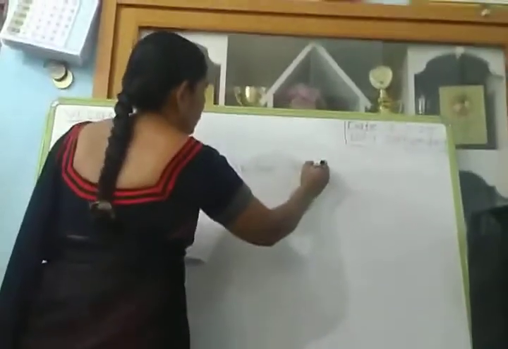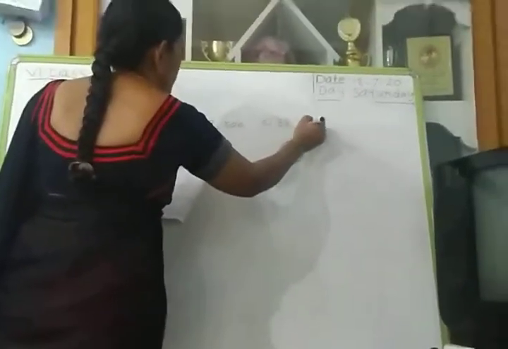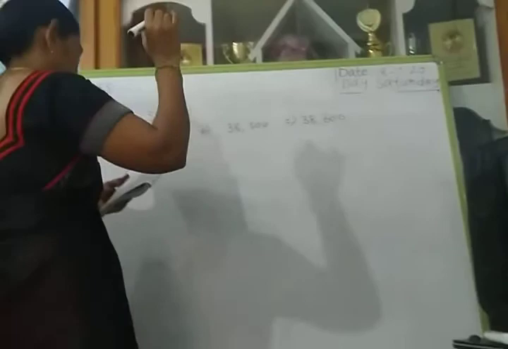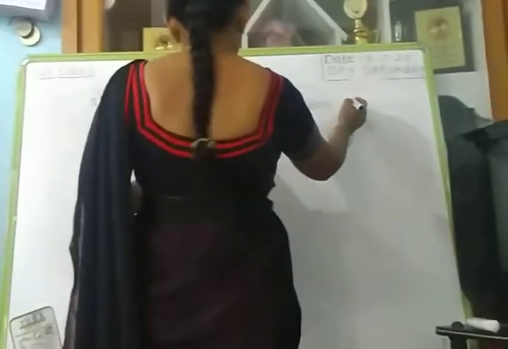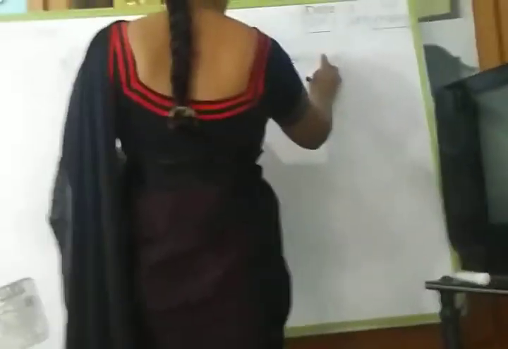Option C, 38,600. Option D, 38,700. So here, which of the following when rounded off to the nearest 1000 is 38,000?